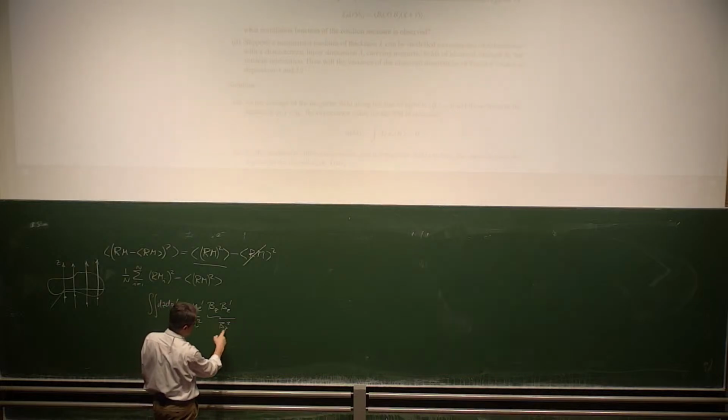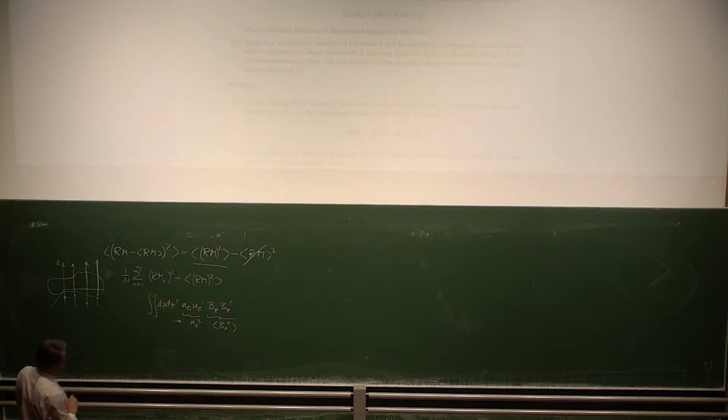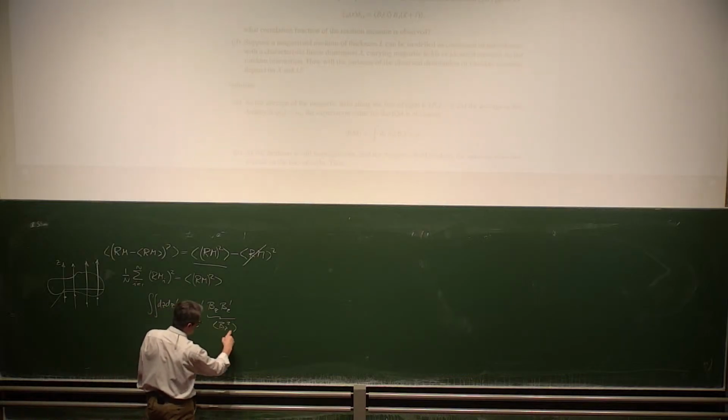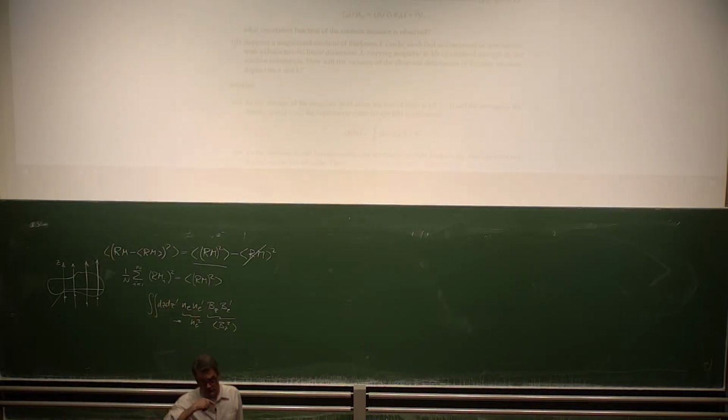And so the question is just, what is this? And now we have assumed a randomly magnetized medium. So this would mean that the BZ squared values along each line of sight would be independent. And then you can split up this average, and everyone will give you the same.